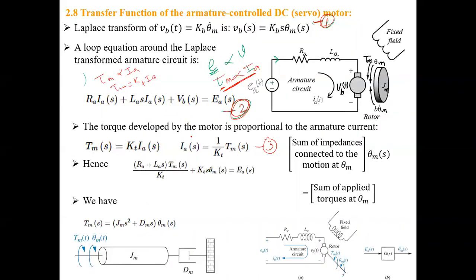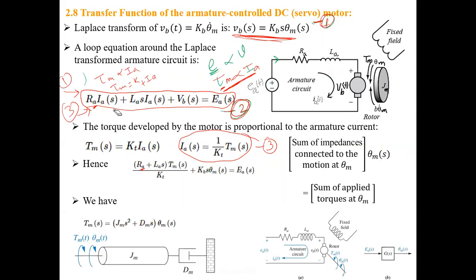So here now, what you do is plug into number 2. Plug in 1 and 3. So 3 is this guy, 1 is this guy. Meaning your RA is RA.